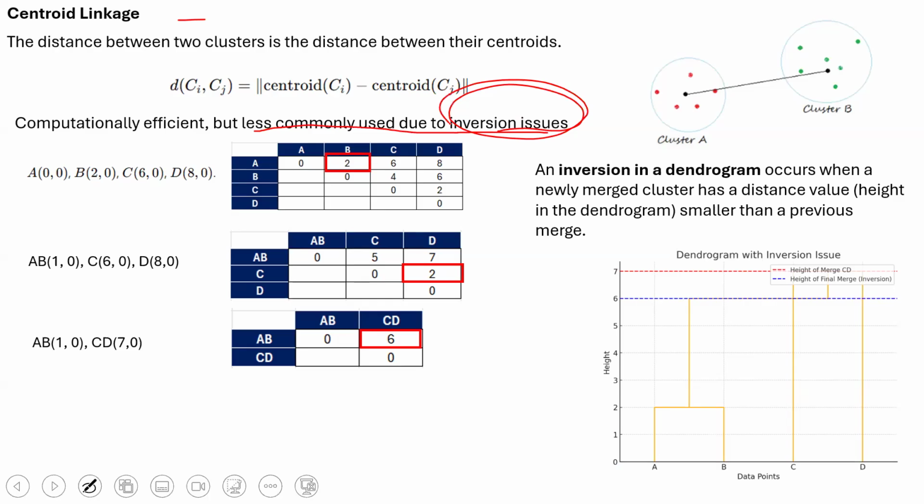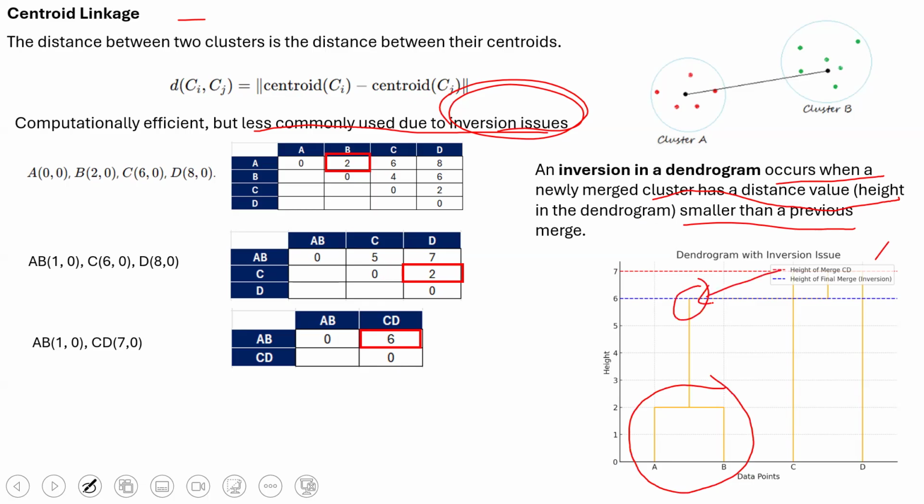What are inversion issues? An inversion in the dendrogram occurs when a newly merged cluster has a distance value smaller than the previous merge. If you take this example, A and B merged at 2, C and D merged at 7, but the newly formed final cluster merged at 6. So this is called an inversion issue.